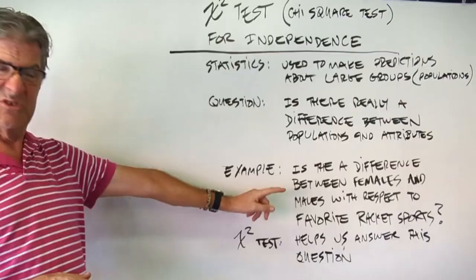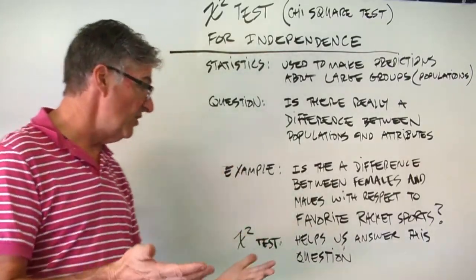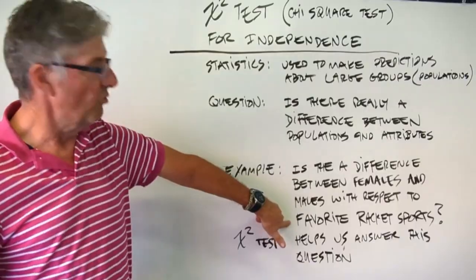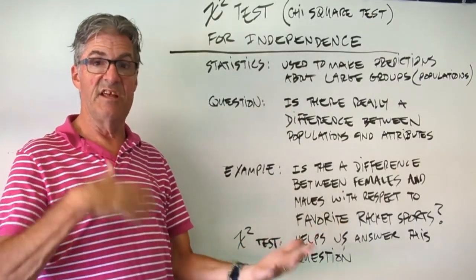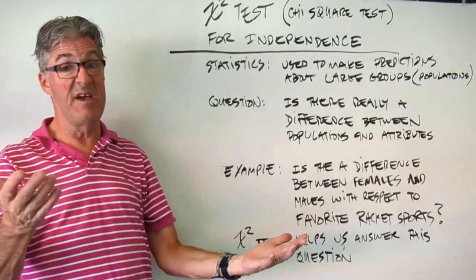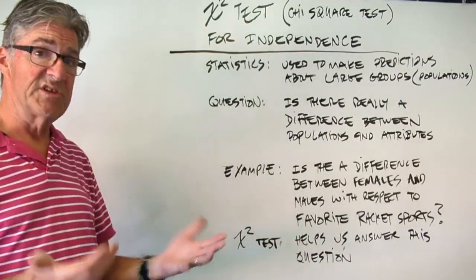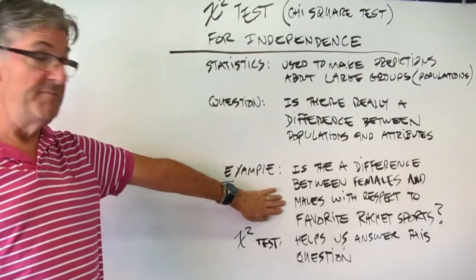Here's an example, sort of similar. Is there a difference between females and males with respect to liking racket sports? So are males more likely to like tennis than females? Are males less likely to like pickleball than females? All those different sports that involve rackets, okay? And this is the example that we're going to work with in a minute.